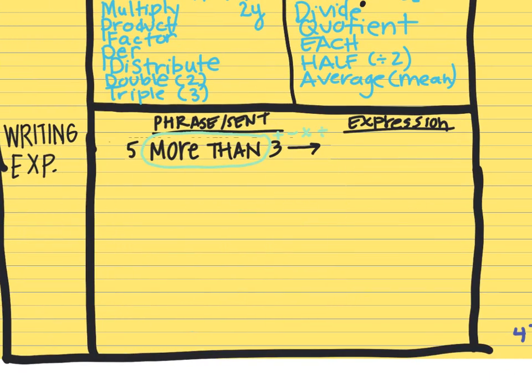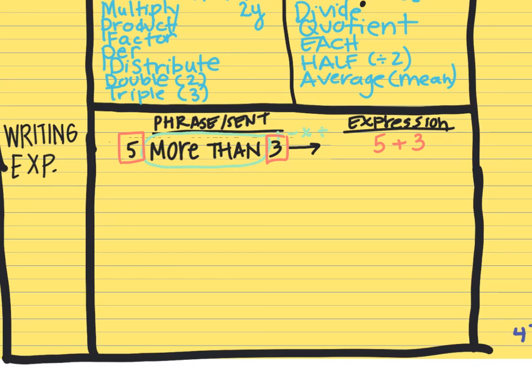So we know that more than typically means addition. So we're going to put a plus sign here. Then we have two numbers, our 5 and our 3. So we have 5 plus 3. And that is what you call an expression. It's just a problem with no equal sign. We will be working with equations with equal signs later, but not right now, okay?